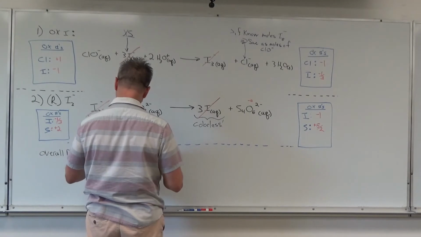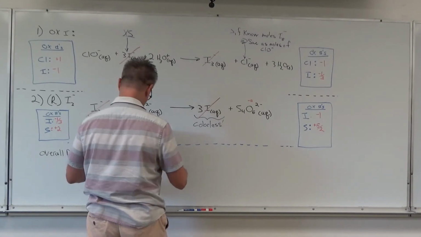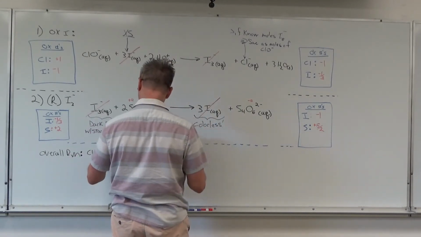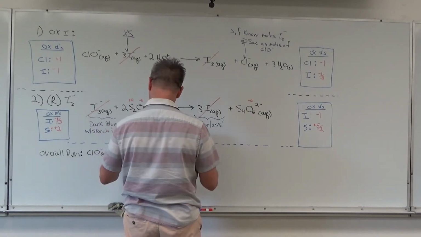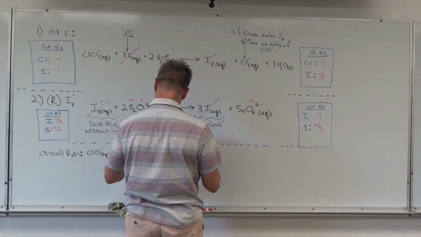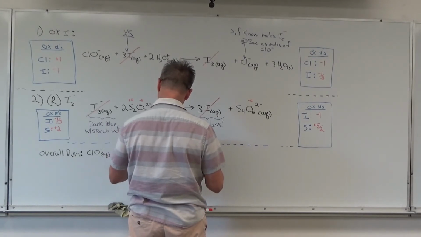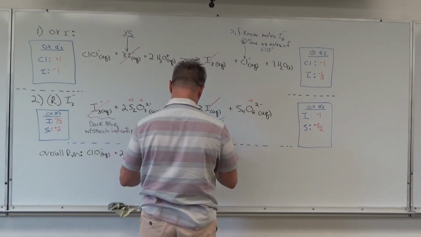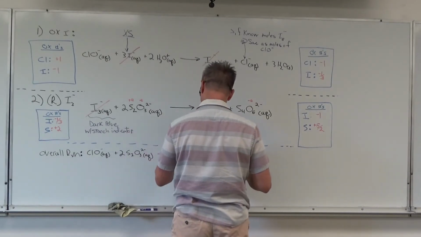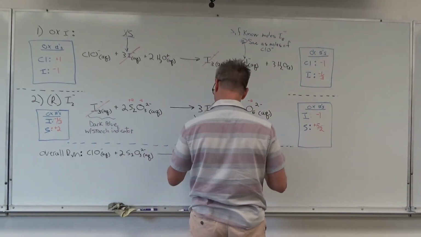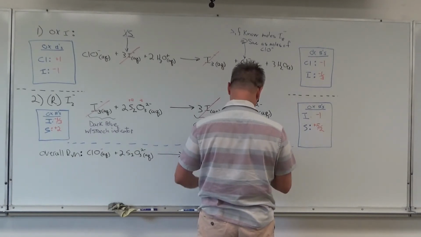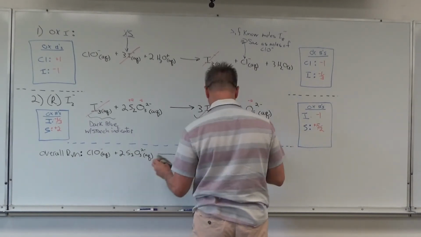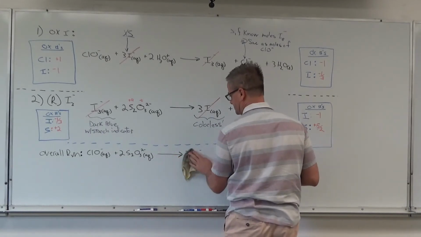Sodium hypochlorite plus sodium thiosulfate turns into 3 iodides. Sorry, I was looking at the wrong thing, and I forgot my acid.